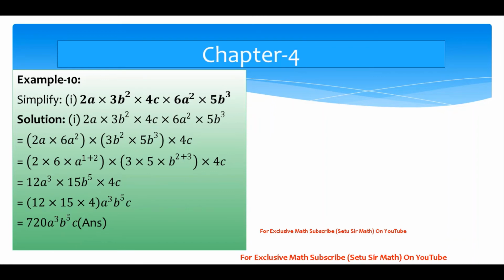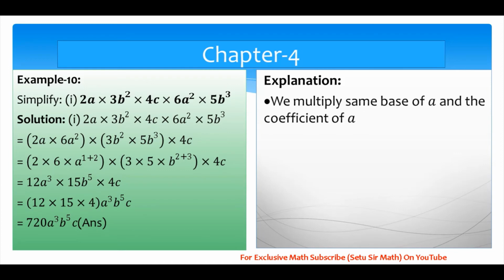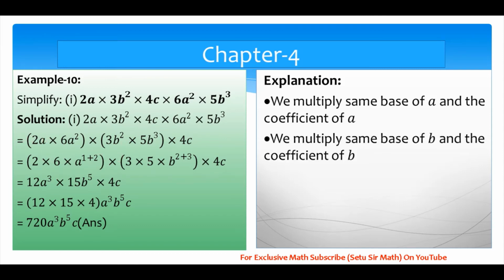So my dear students, let's see the explanation of this math in written form. Explanation: we multiply the same base of a and the coefficient of a. You can see we multiplied the same base of a and the coefficient of a. In here you can see we multiplied the same base of b and the coefficient of b.